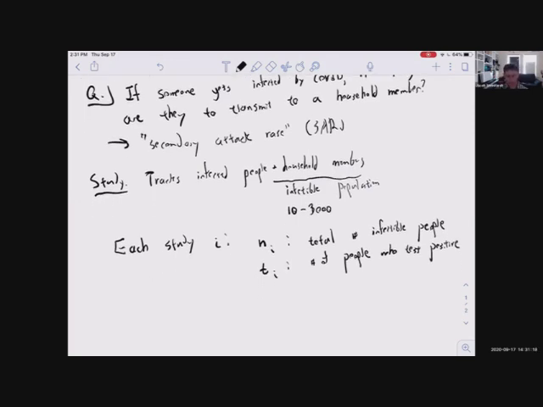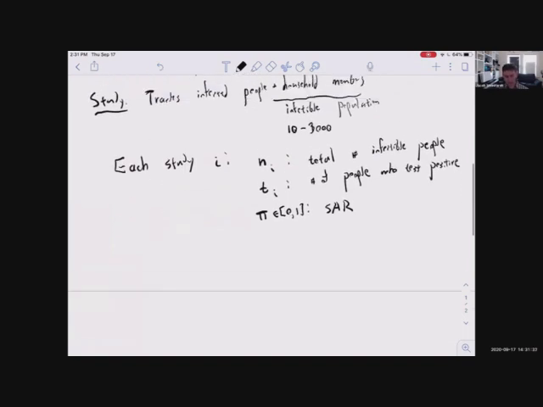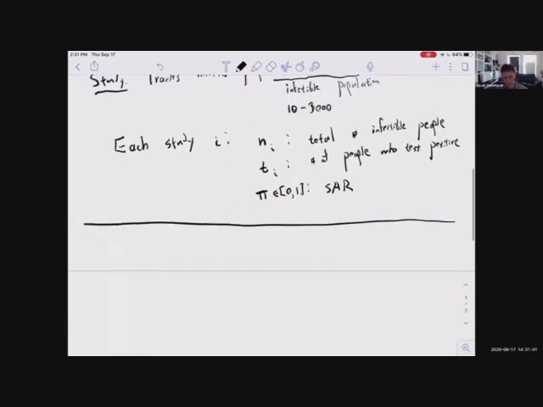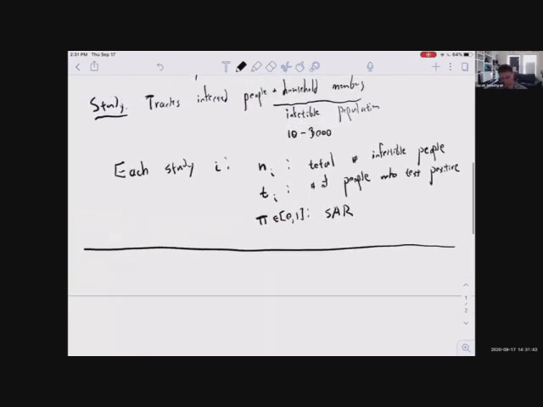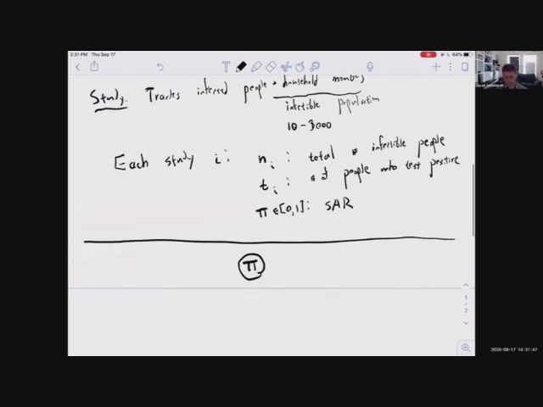And then we might say there's some parameter pi, between 0 and 1, which is the secondary attack rate. So if we wanted to start drawing a graphical model for this, there's pi, and then there's all the different studies.